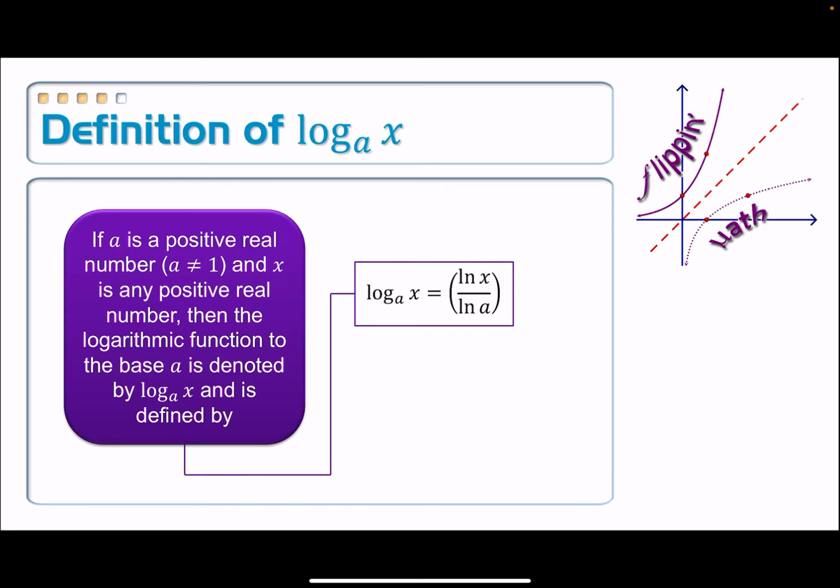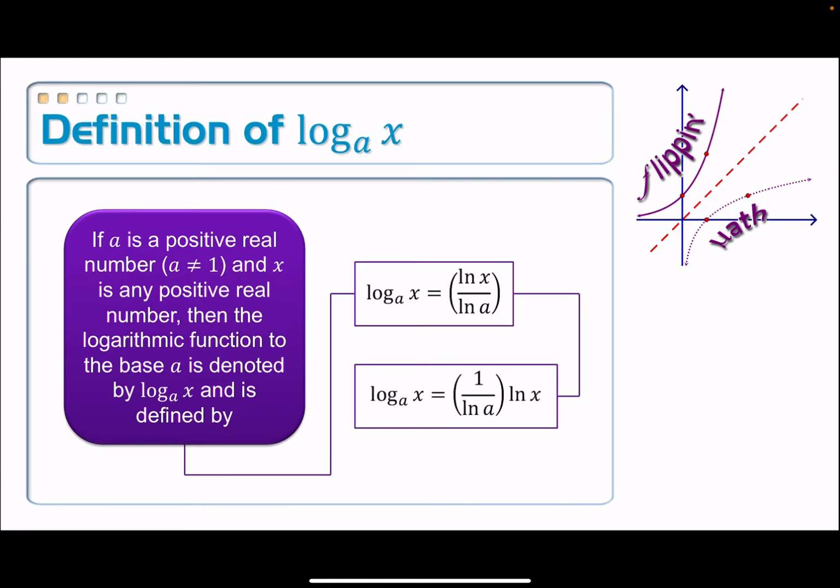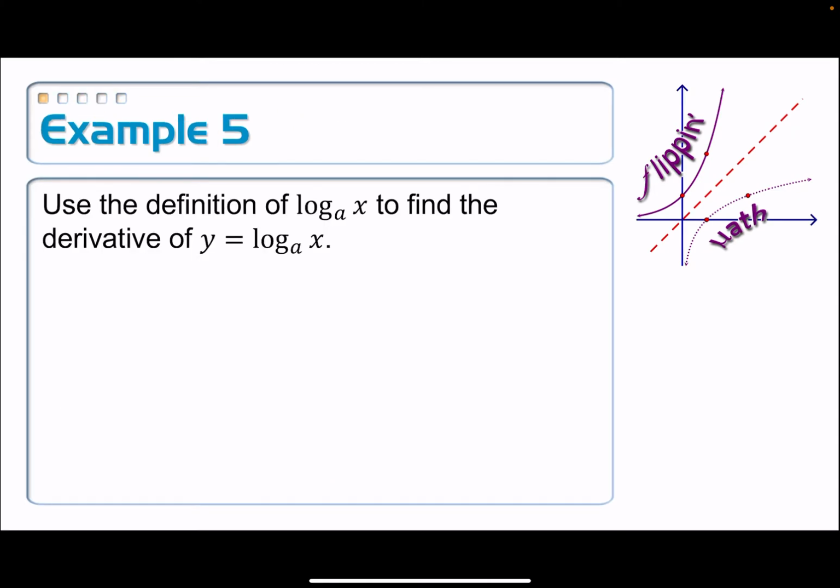And sometimes what we do is we just take that natural log of a that's in the bottom and bring it outside to the front as a fraction. So it's like a coefficient that's being multiplied times the natural log of x. And that's basically what I'm going to do on this next exercise, in which we want to use that definition to find the derivative of log base a of x.